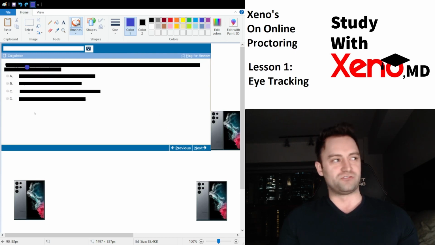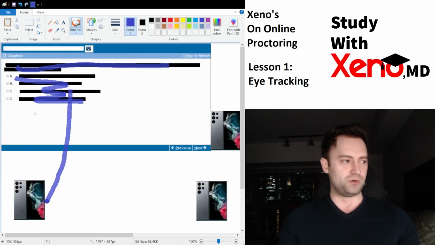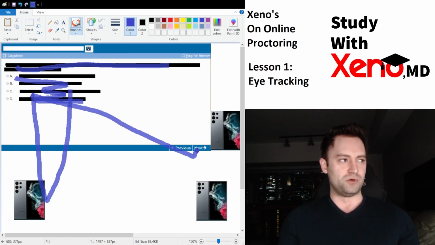So take this for example. Maybe they start out and they read the question, they read the answers, but they're waiting for an answer. Let's say they're waiting for an answer from their phone. So they might just mull over it for a little while, looking around randomly here, and then all of a sudden, boom, they see their mobile phone light up, and it goes boom, boom, boom, boom.